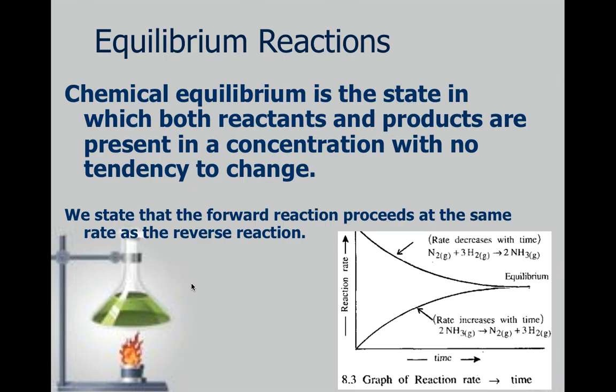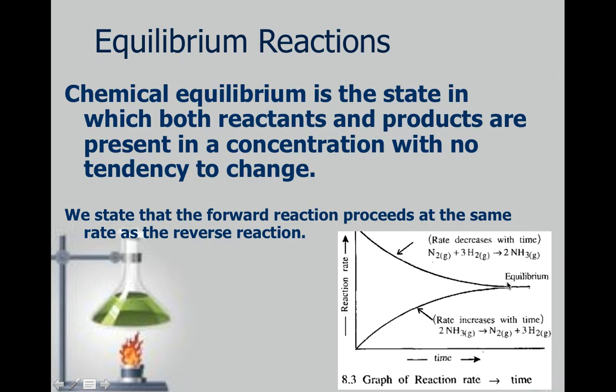That's actually false. We do have a lot of reactions that can go in both directions, so they can be reversed. Another way that we discuss equilibrium reactions is to say that the forward reaction proceeds at the same rate as the reverse reaction. So if we look at this reaction between nitrogen and hydrogen to make ammonia, over time, we're going to stop making more ammonia.